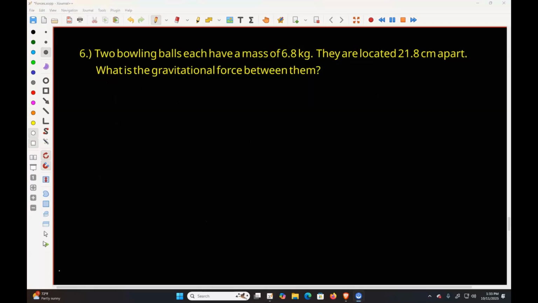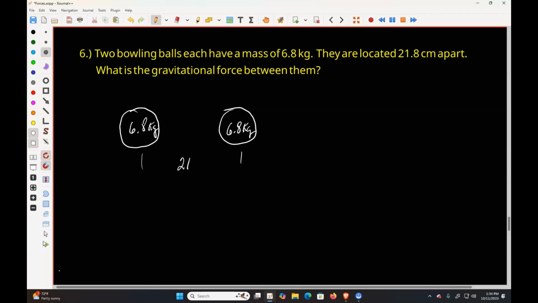This problem, I have 2 bowling balls, each having a mass of 6.8 kilograms, 21.8 centimeters apart. What's the gravitational force between them? So we'll be using F equals G M1 M2 over R squared.